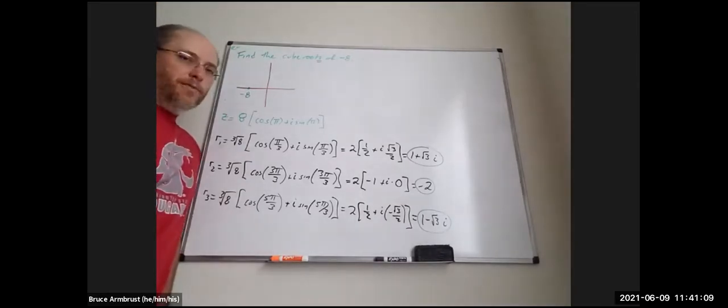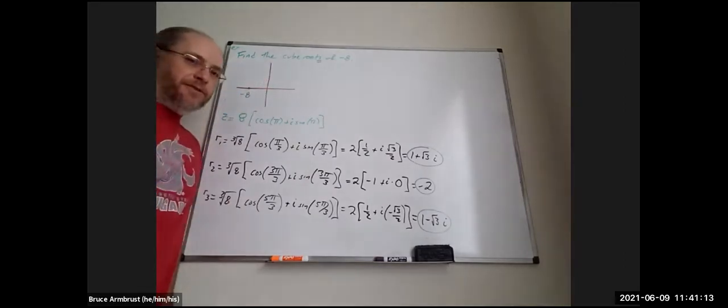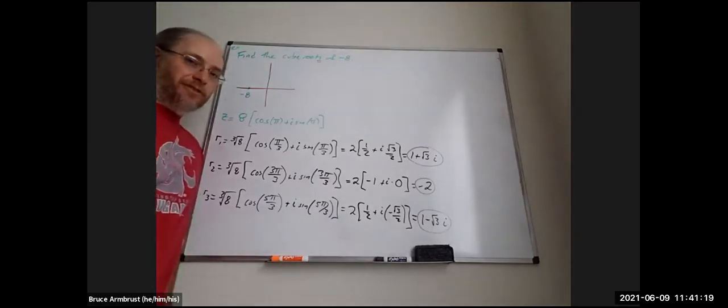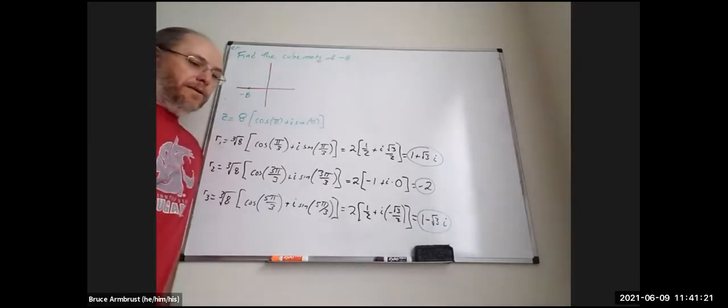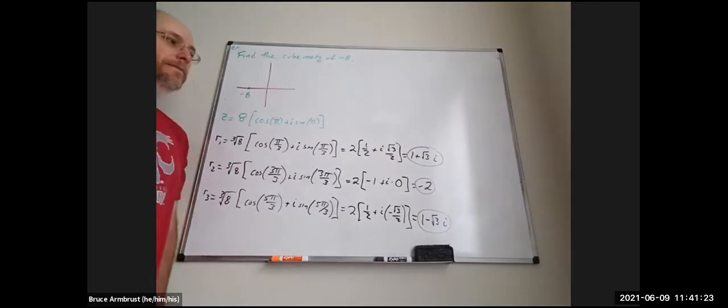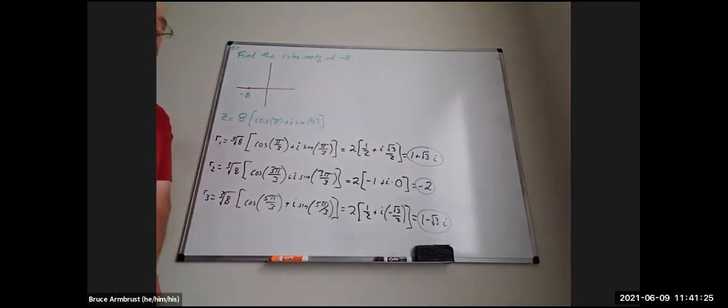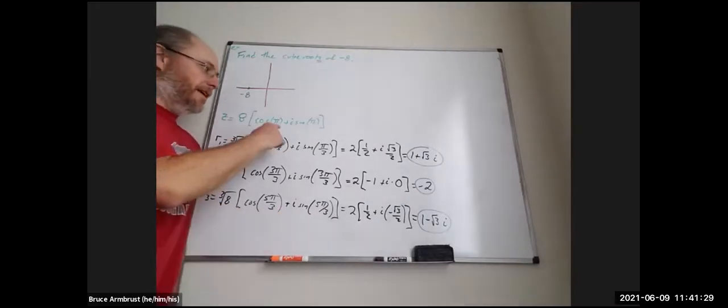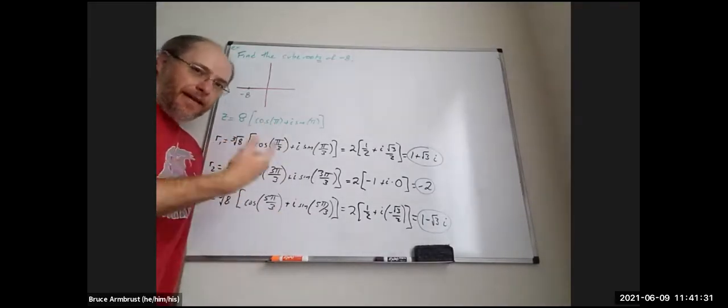So let's do one more. And this time we're going to make it so we're finding the roots of a number that's not at all nice, where you're not going to know any of the answers right away. All right. But before I go there, any questions on how I'm doing this? Every time I just add 2 pi to my angle and then divide.